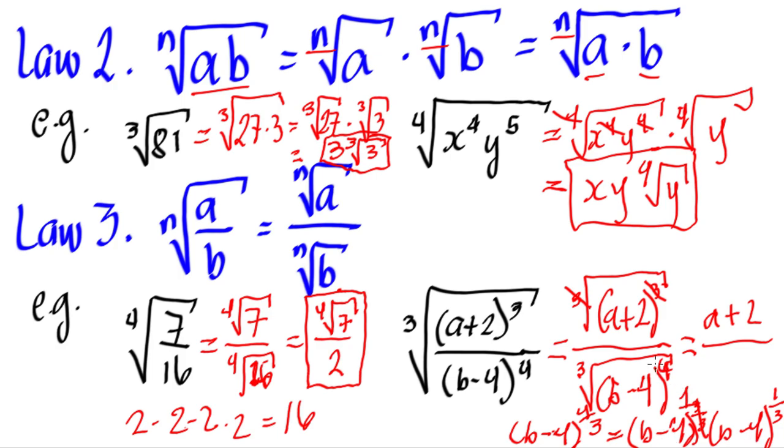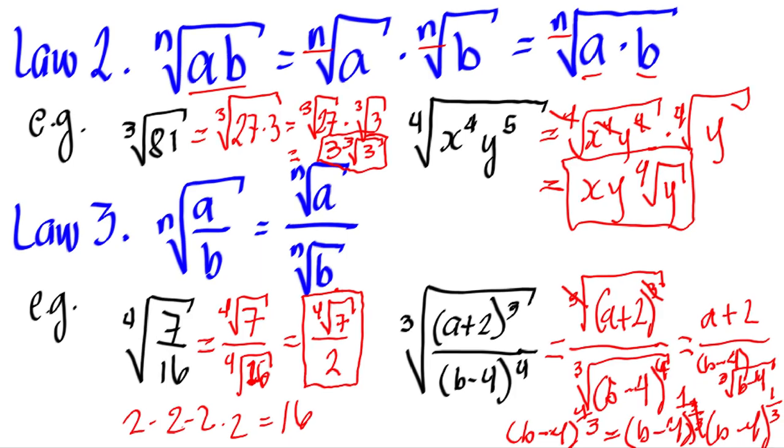So our denominator will be somewhat complicated. It will become b minus 4 times the cube root of b minus 4. I'll just put this below.